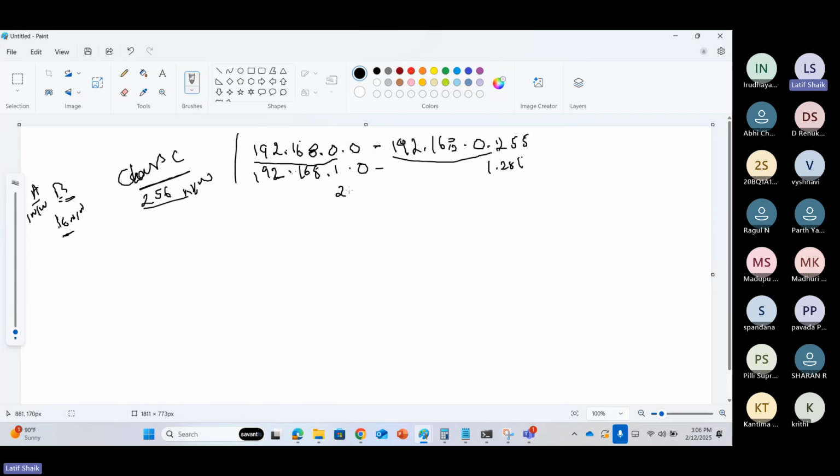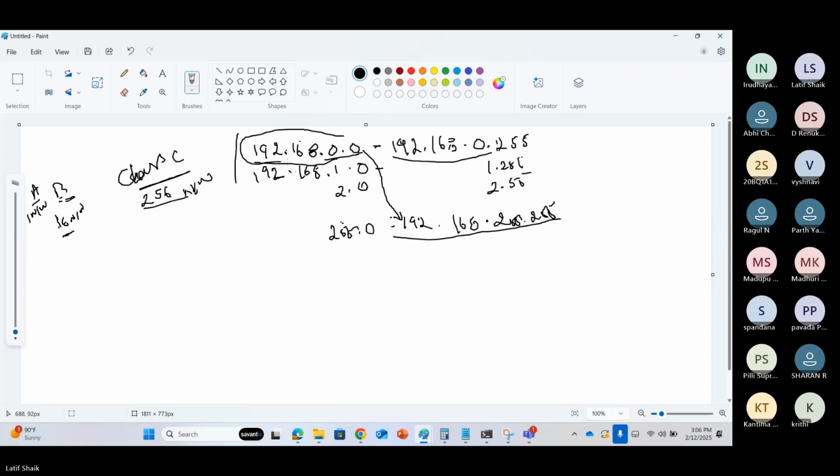Again, 2.0 is another network, up to 2.255. It keeps on going until you reach 255.0 and 255.255, which means 192.168.255.255. From here to here, this is the complete range of IP addresses.